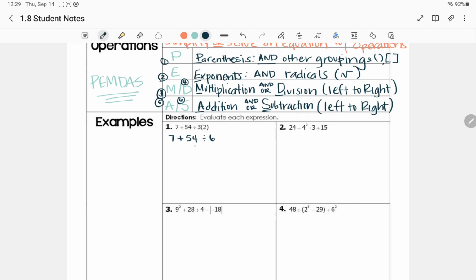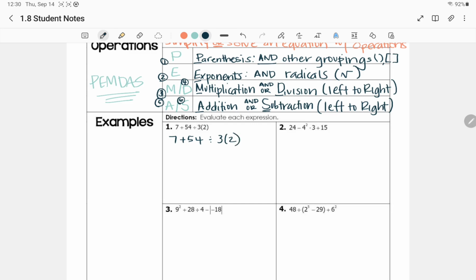Am I doing this right? Yeah, 54 divided by 6 would be 9. I think I'm doing this wrong. Oh, I apologize. The parentheses are throwing me off. The parentheses only suggest that it's multiplication here, right? There's nothing to do within the parentheses except for multiplication. These two are multiplied.